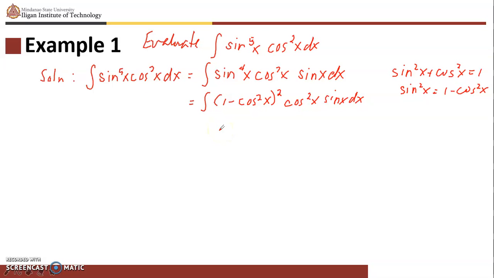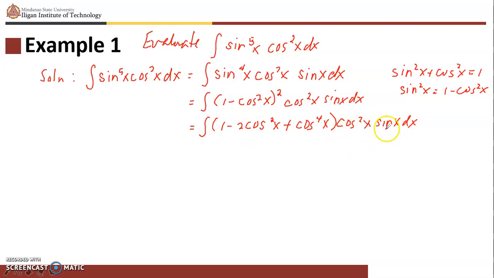From there, we can simplify 1 minus cosine squared x squared as 1 minus 2 cosine squared x plus cosine to the fourth x, and then times cosine squared x sine x dx.